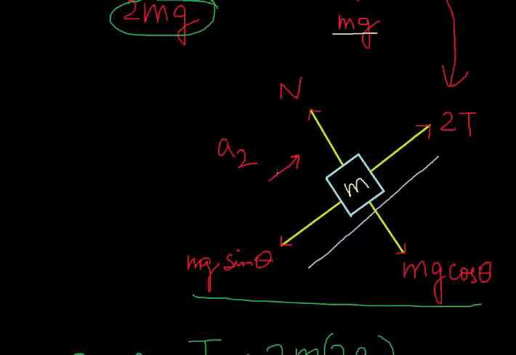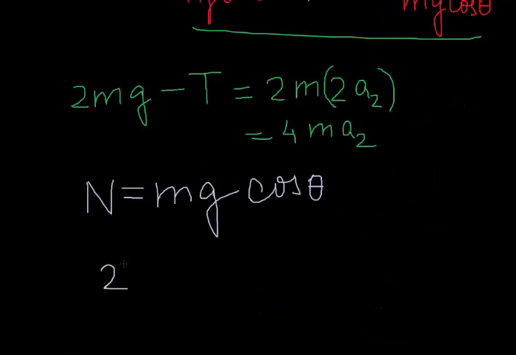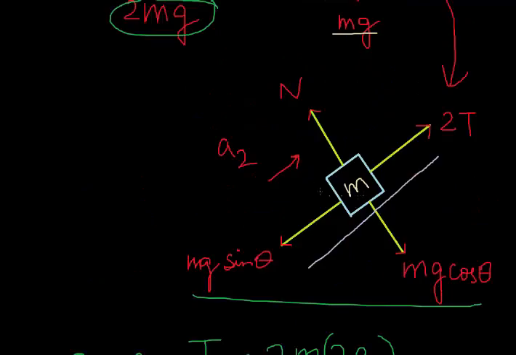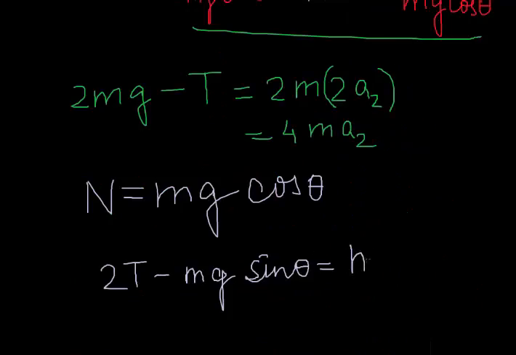For the direction parallel to the surface of the wedge, there is a net acceleration, and since the block is moving upwards, the 2T force is dominating mg sin theta. So 2T minus mg sin theta will be the net force on the block M. So the force equation becomes 2T minus mg sin theta equal to the net force, and the net force is mass into acceleration.